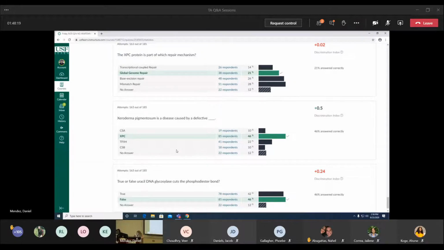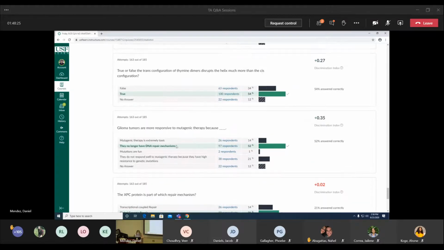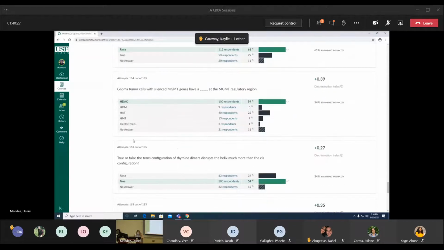Okay, questions. Could you go over 29 again, please? It talks about the glioma tumor cells being silenced. Oh yeah, the electric fields. Okay. So these MGMT genes are a repair mechanism. If it's silenced, whatever mutation caused that cell to become a cancer cell is not going to get repaired.